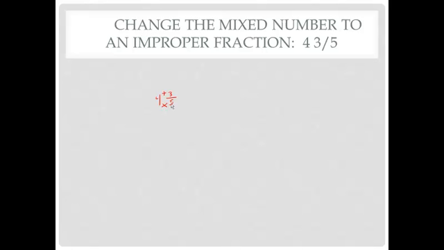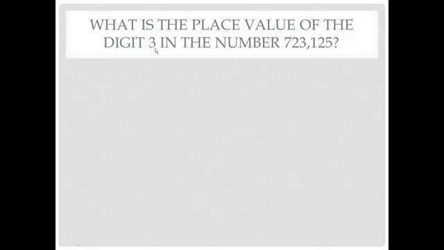This time we'll multiply 5 times 4, which is 20, and then 20 plus 3 equals 23. And that's what you do every time. Multiply your denominator by your whole number and then add your numerator, and that gives you your new top number, 23/5.